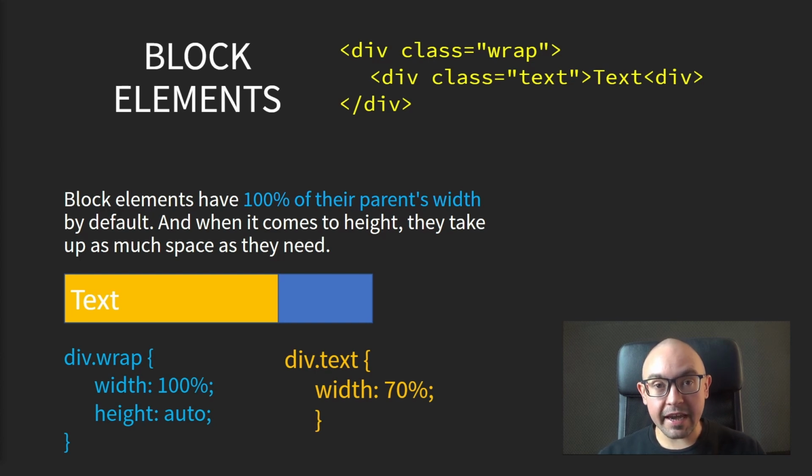The div with the text has an orange background, and the div which wraps it has a blue background. If the text inside the text div would grow, the parent div would also grow. The content expands the height of the elements, and therefore the height of their parent elements as well.